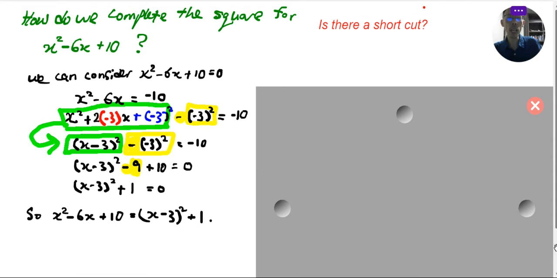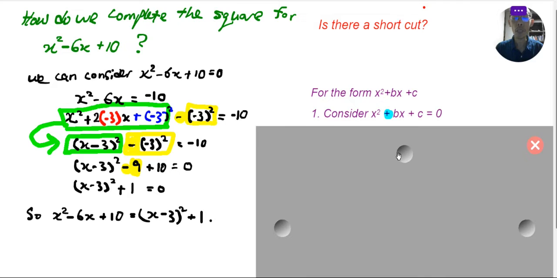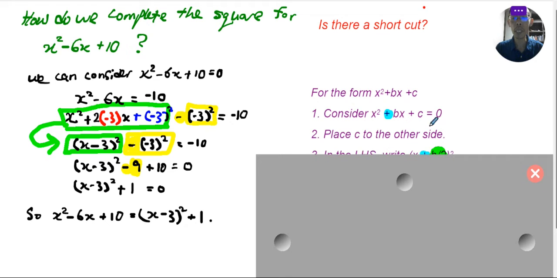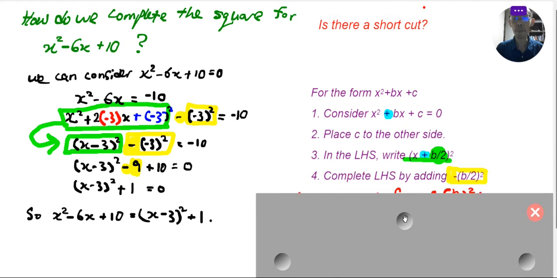So you may ask, is there a shortcut for this? Actually, there is. The shortcut is that for the form x squared plus bx plus c, we let it equal 0, like this. Notice the sign. If this is plus, put the c to the other side. Now the left-hand side is changed into a bracket, x plus b divided by 2, everything squared, because of the 2bx, isn't it? 6 becomes -3.